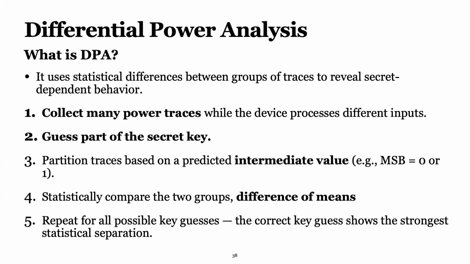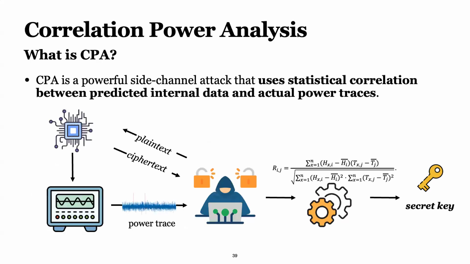One of them was DPA, differential power analysis, which is basically collecting many power traces and understanding that when the bit was 1, it looked similar to this, and when it was 0, it looked similar to this, and then applying some statistical operation. The other is correlation power analysis, which is widely used because it is easy to attack large numbers.